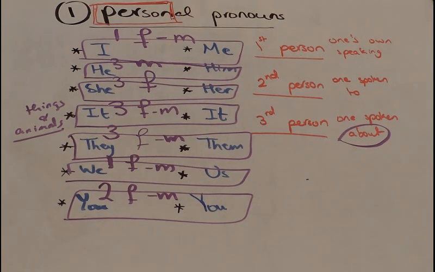Okay, so let's review what we've talked about. So we said that personal pronouns, from the word person, refers to the 3 types of person pronouns in English: first person, second person, third person. First person, as I said, first, number 1, so one's own speaking.